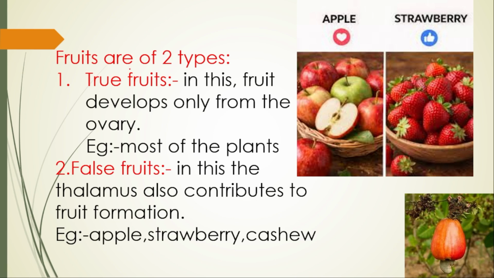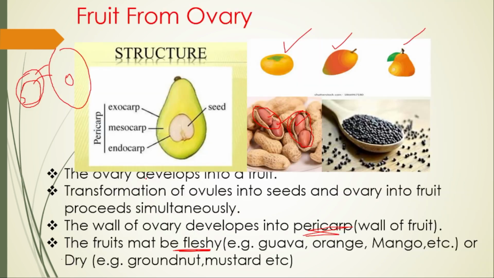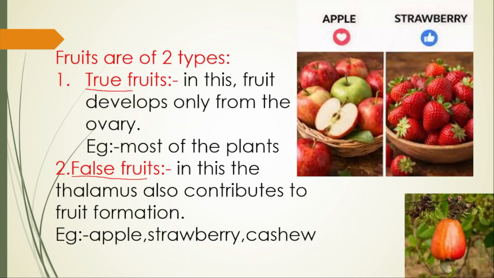Next, again there are two types of fruits, true fruit and false fruit. This depends upon the presence of fleshiness. If the pericarp is present in fleshy form, it is called a fleshy fruit. If it is dried, then it is called dry.